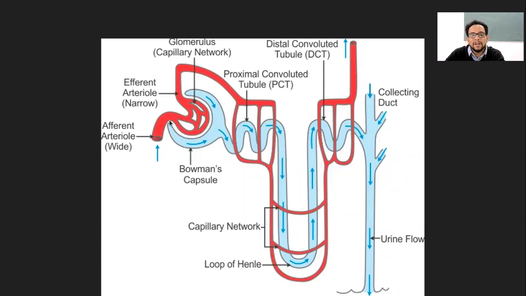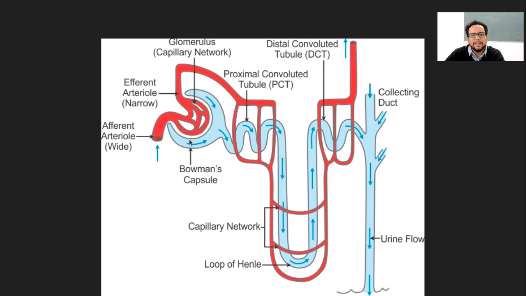Now why will it be filtered out? There is a wide diameter here and a narrow diameter here. Because of this the pressure is built, and due to that pressure, the filtrate of the blood will squeeze out from this capillary network.